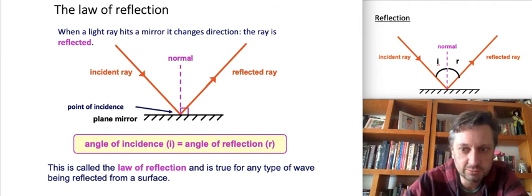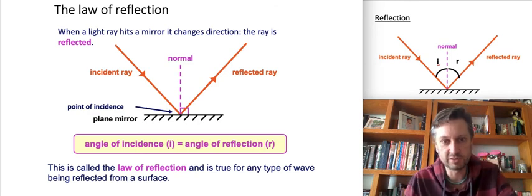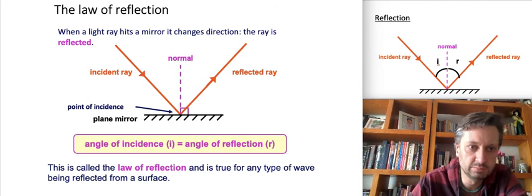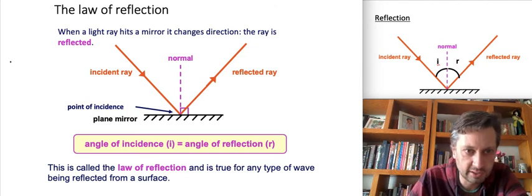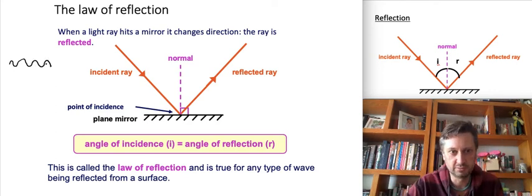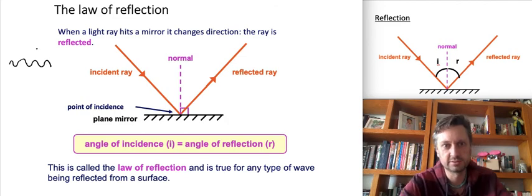All right, the first thing I want you to realize is that when we're looking at a ray of light, remember you're already used to seeing a transverse wave. A transverse wave looks like that. If you're looking at it sideways, you've got a peak and a crest.